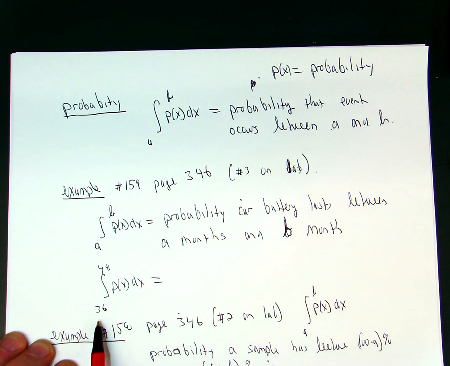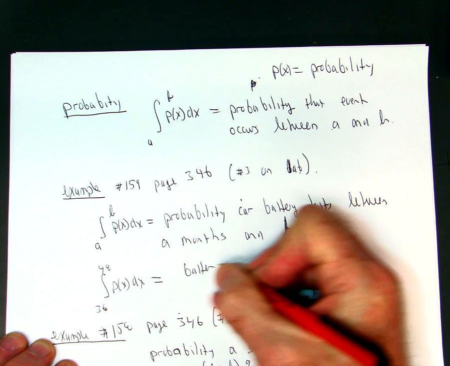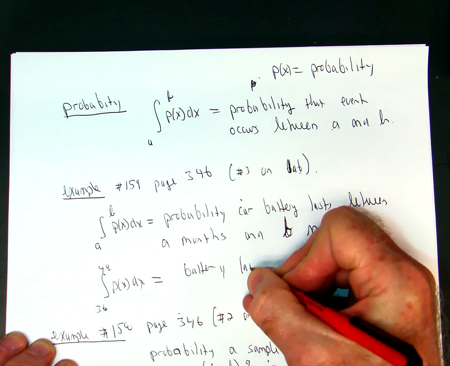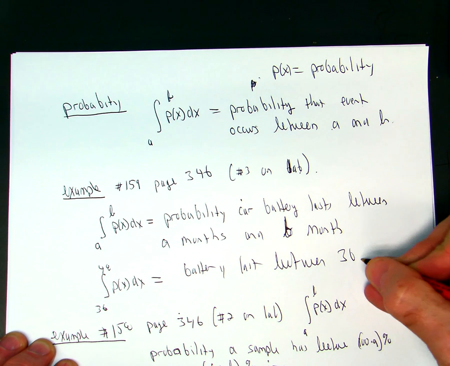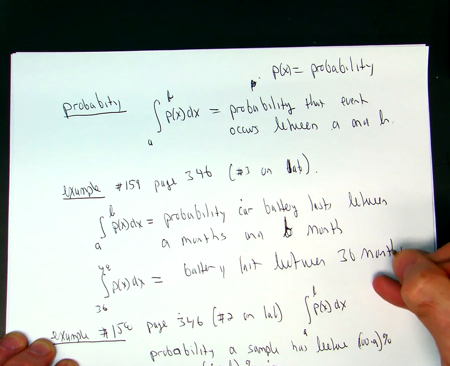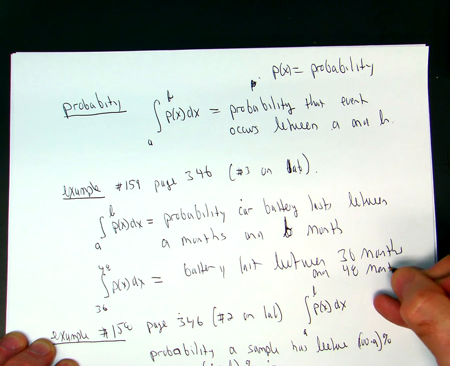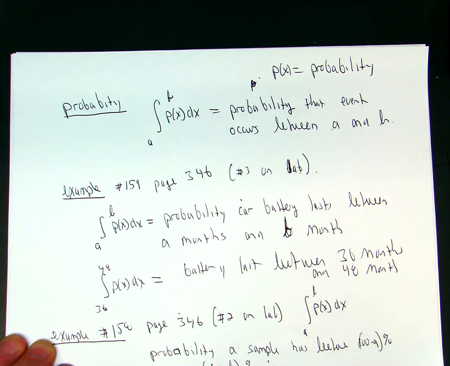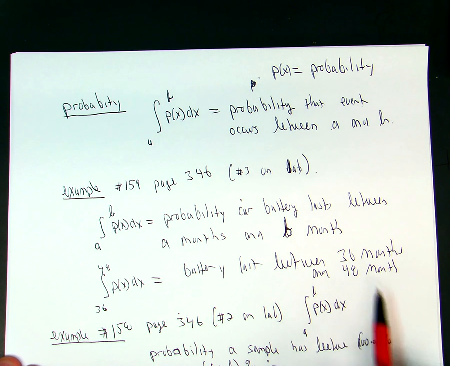So this integral right here would be the probability that the battery lasts between 36 months and 48 months, so between 3 and 4 years. If you plug this in your calculator and integrate, the number you get is the probability that that's how long your battery lasts.